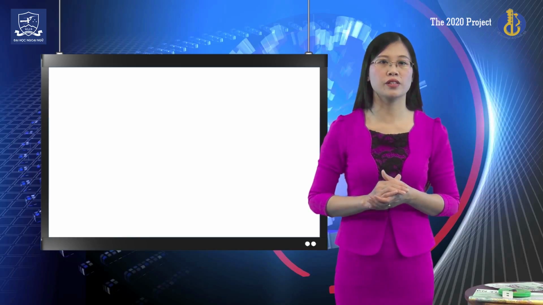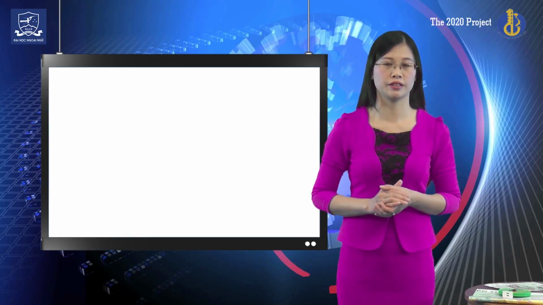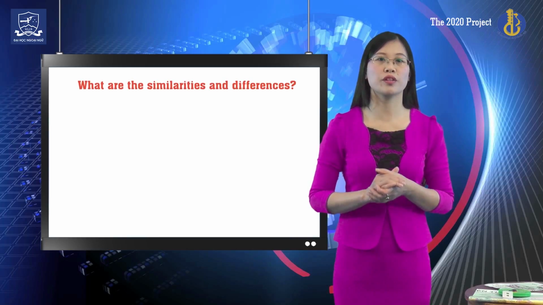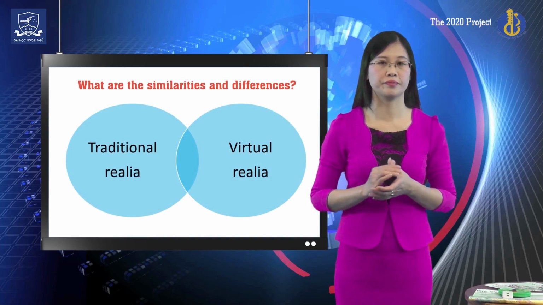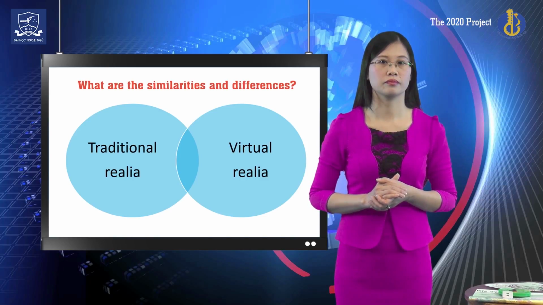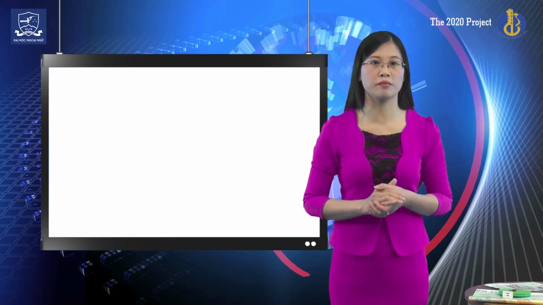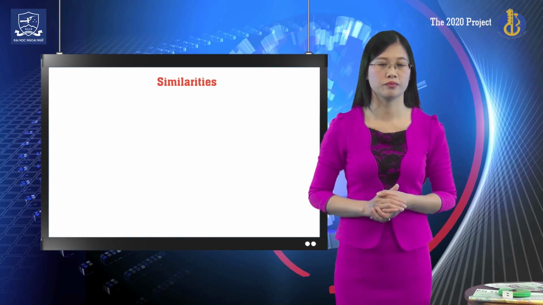Well, we've been talking about traditional realia and virtual realia, and now we'll point out some similarities and differences between these visual aids. Let's see. Traditional realia are similar to virtual realia in several ways.